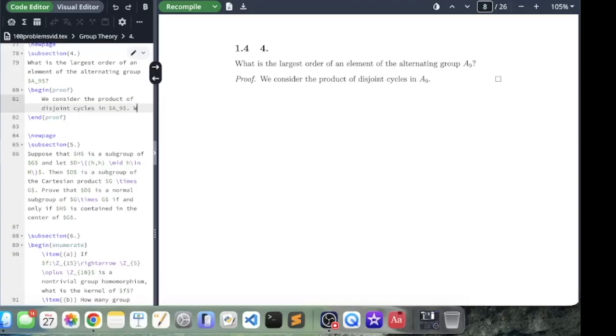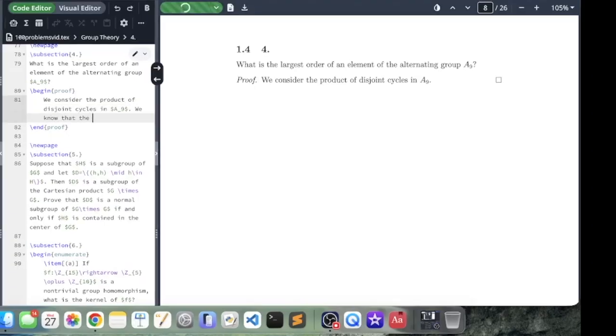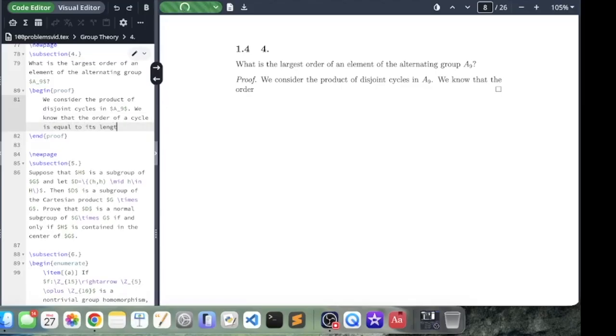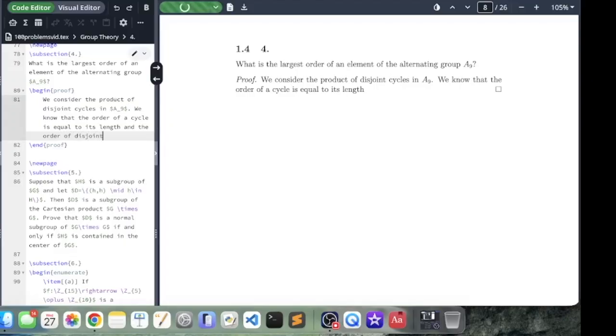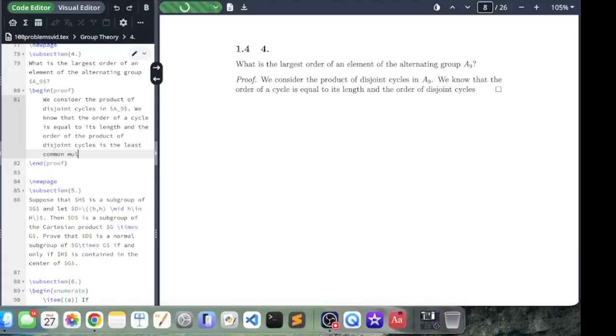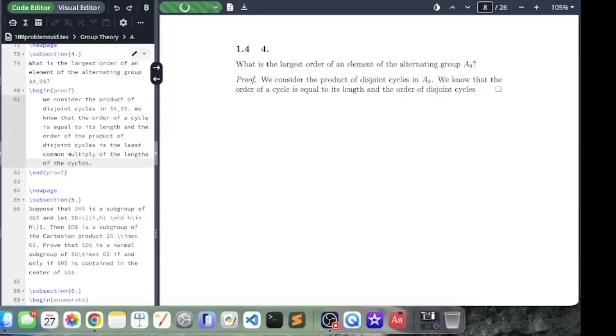We know that the order of a cycle is equal to its length, and the order of the product of disjoint cycles is the least common multiple of the lengths of the cycles.